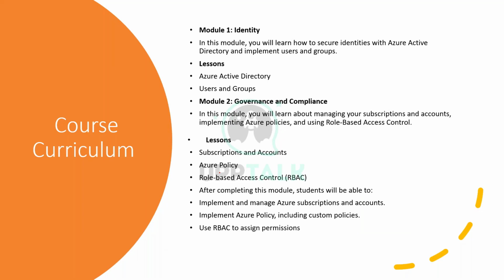Module 1 is identity, where we learn about Active Directory, users, and groups. Governance and compliance is module 2. Modules 1 and 2 are in line with each other; in module 2 we learn about subscriptions, accounts, how policies work, access management, and other things.